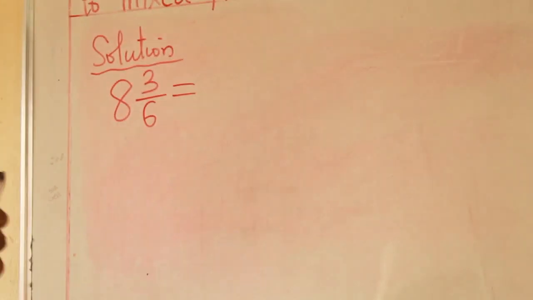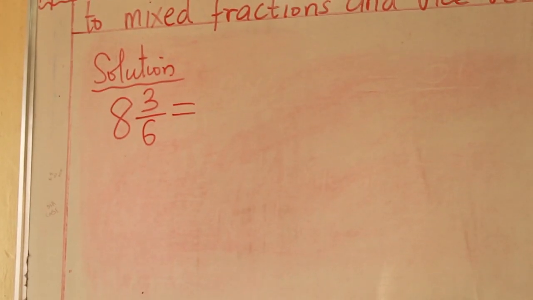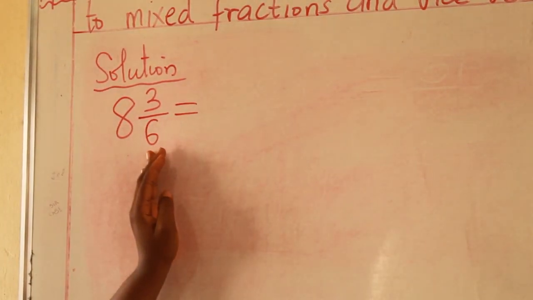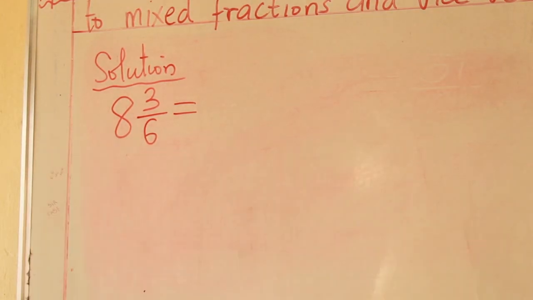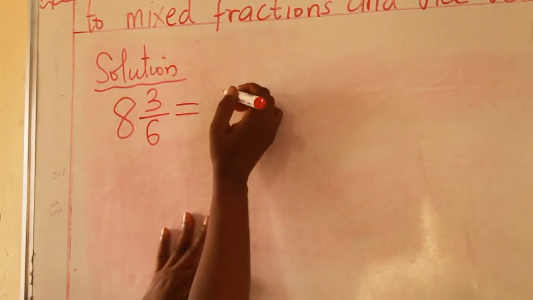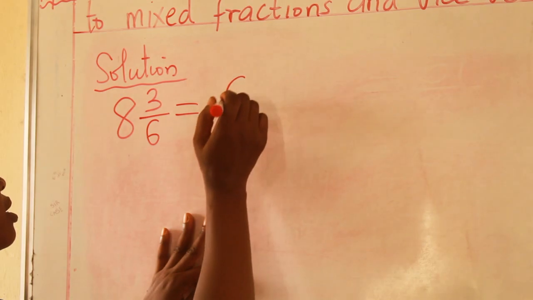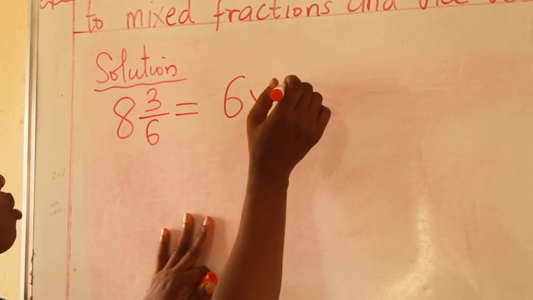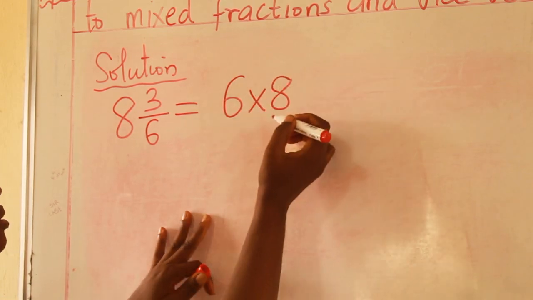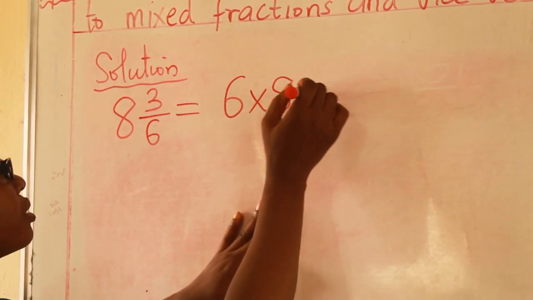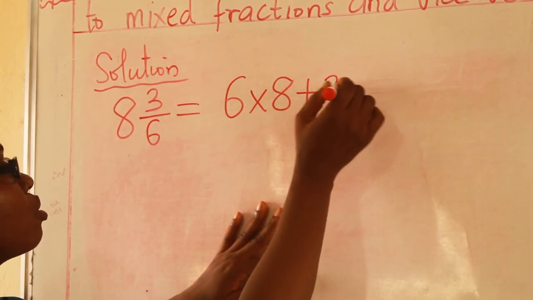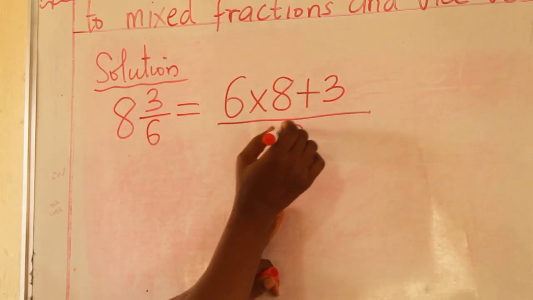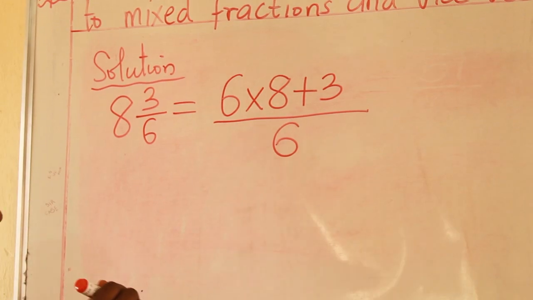Don't forget, I explained when I was solving example 1 that we start with our denominator. So you pick on the denominator 6 multiplied by your whole number 8, and then you add your numerator 3. Put your dividing line all over 6.